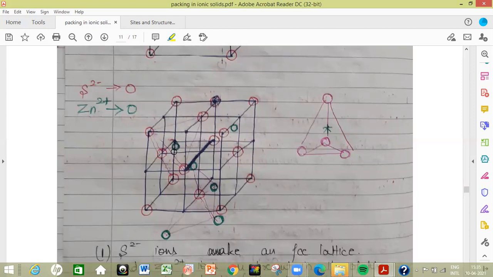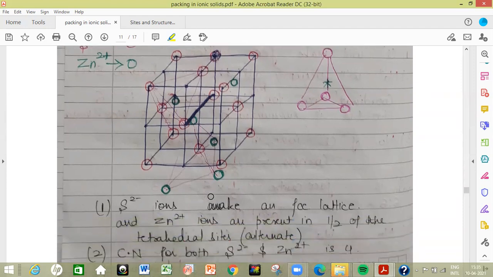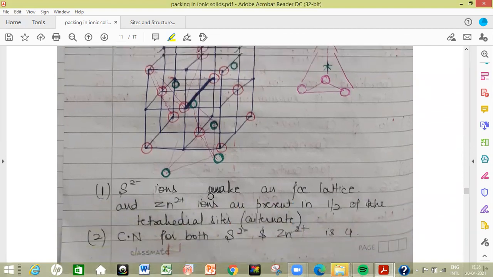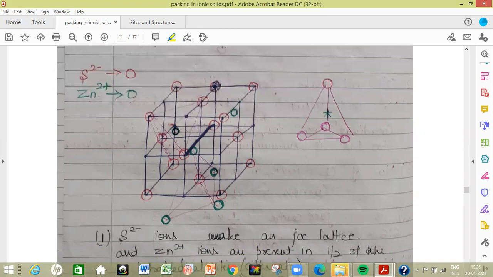So if the front left is occupied, then the back left is vacant. If the back right is occupied, then the front right is vacant. Similarly, it is there in the case of the cubes at the bottom.